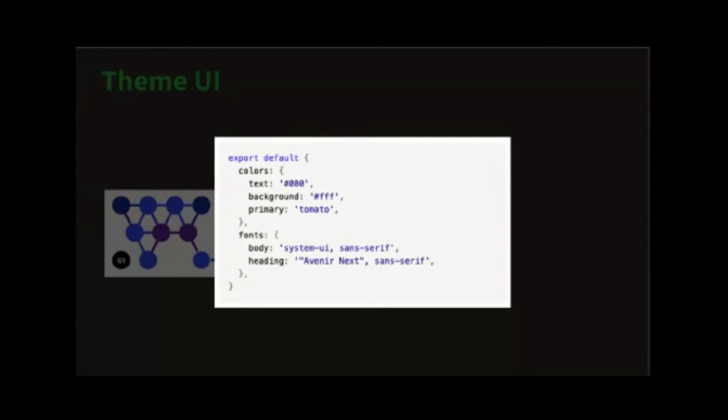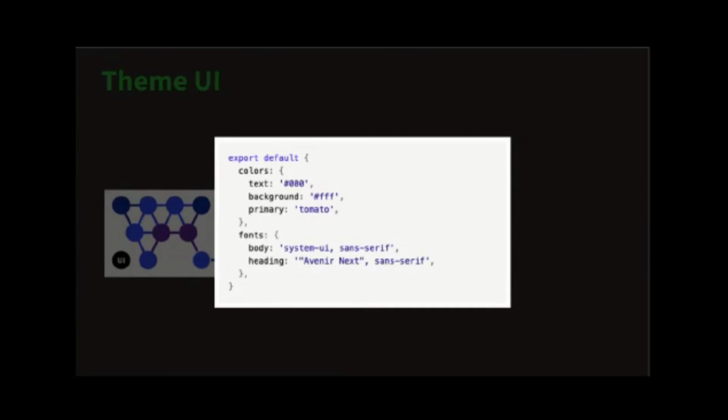It has text in it. Text is set to this value. Background is set to that value. Here are fonts. Body is set to this value. So it's configuration based. And I'm not going to go into the depths of this. You can read through their documentation how you actually write this. It's fairly similar to how you write styling in React in general. But it's over in this separate file.